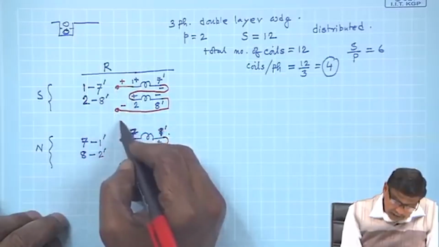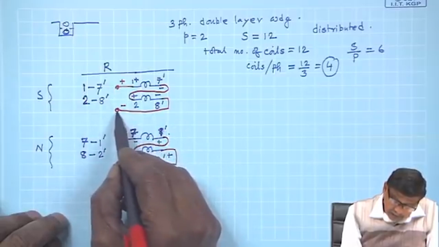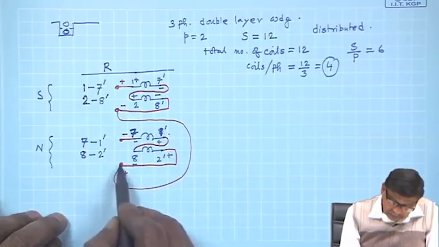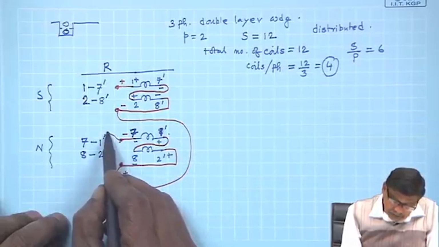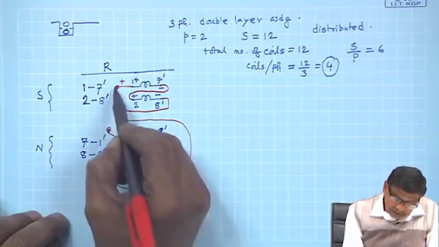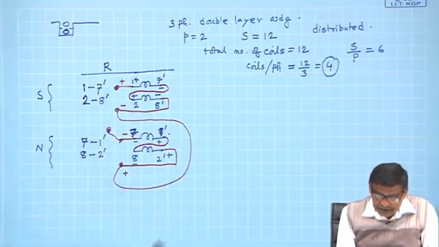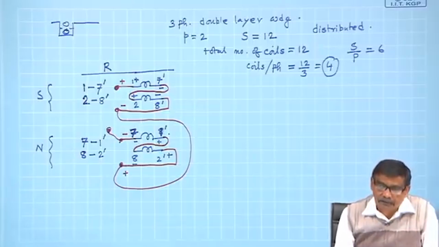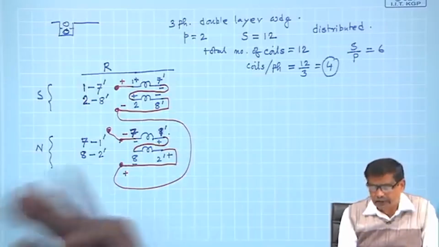So, plus minus, and now it should be connected like this, so that all voltage becomes additive. So, these will be the 2 terminals of R phase available for external connection, supply, etc.